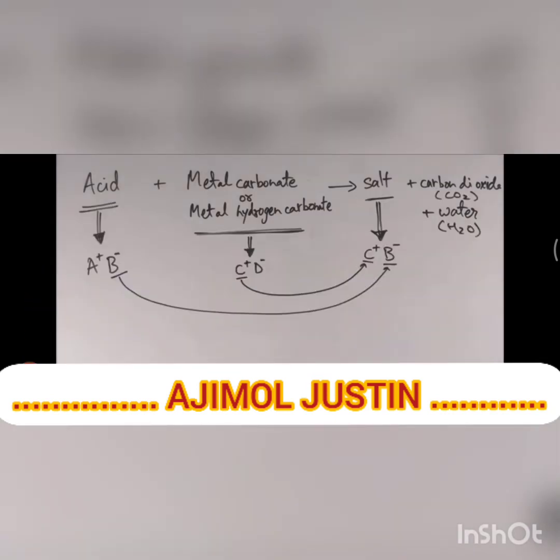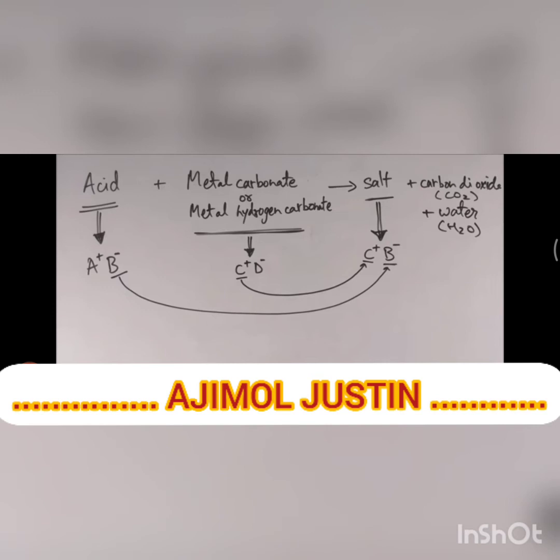See, just imagine an acid. The main part of acid will be a positive ion part and a negative ion part. Let us consider it to be made up of A plus and B minus ions. Similarly, for metal carbonate also, there will be positive ions and negative ions.